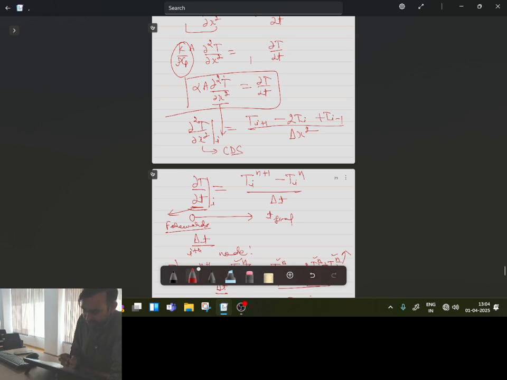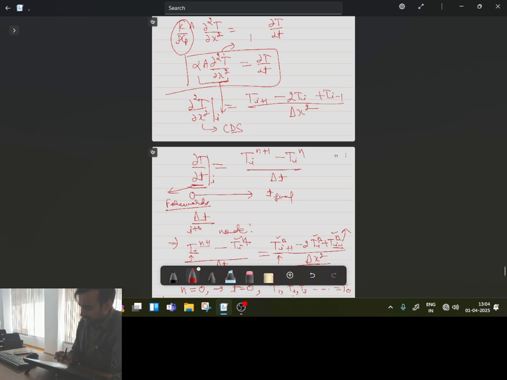Central difference scheme. Can you tell me first, alpha times del square T by del x square, which term is this? Diffusive term, advective term, source or temporal? This is the diffusive term, it involves thermal conductivity, and you can also see it involves a second derivative.